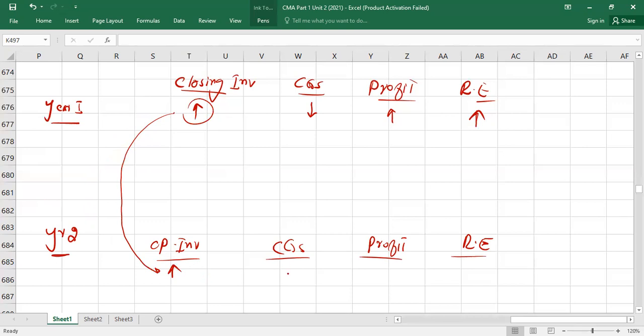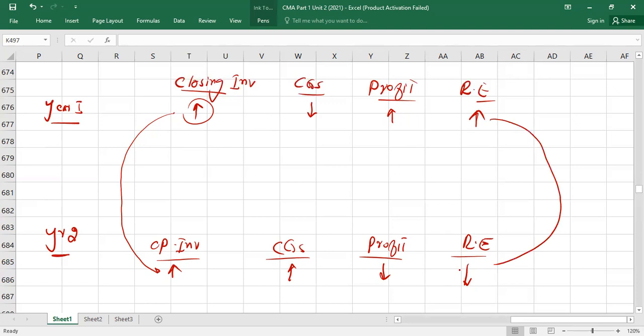If opening inventory is overstated, cost of goods sold will be overstated also, right? Because opening inventory you have to add to the cost of goods sold. And profit will be understated. If profit is understated, retained earning is understated. But look, with the same value, last year retained earning was overstated, and this year retained earning is understated with the same value.